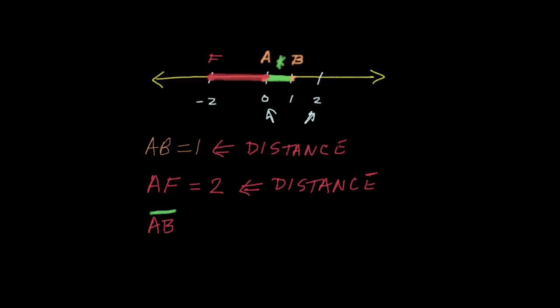However, when you do not put the segment symbol above it, you're talking about the numerical value. You're talking about the length of the segment, the distance between the two endpoints. In this particular case, this 1 is associated with this distance, so that distance is 1 between the two points.